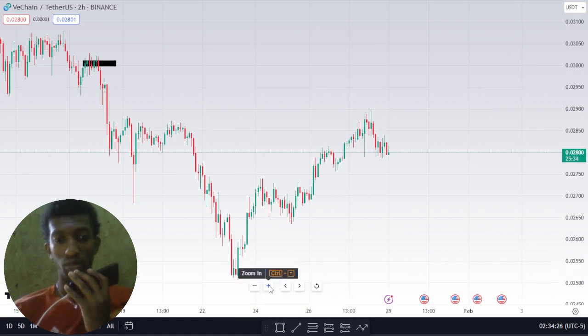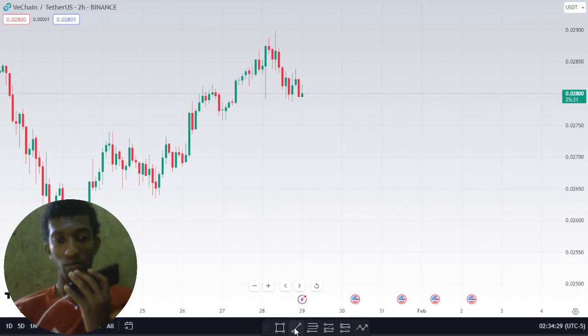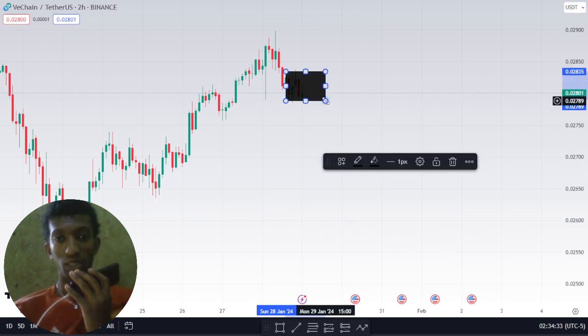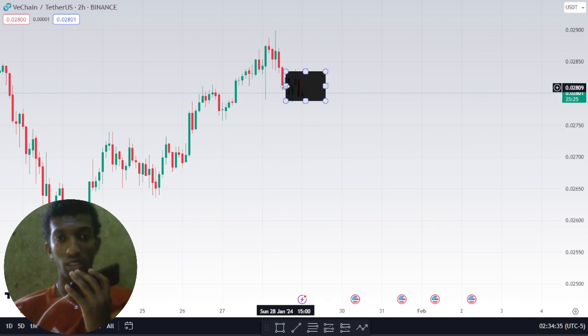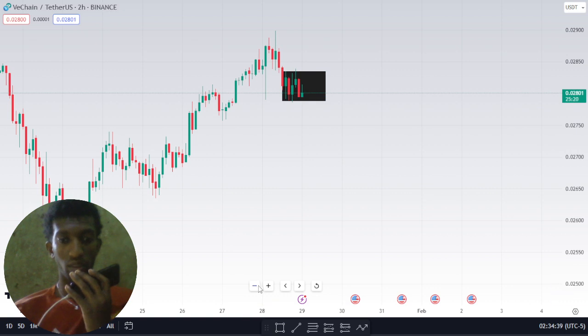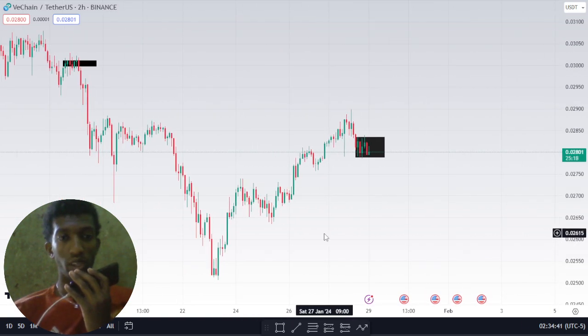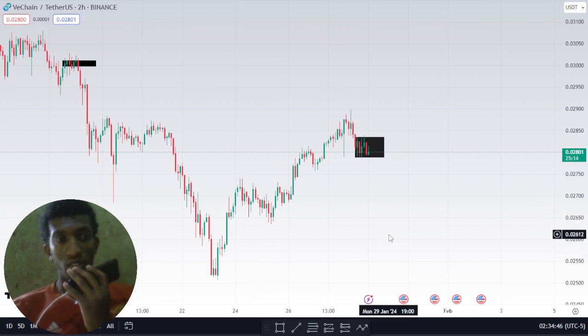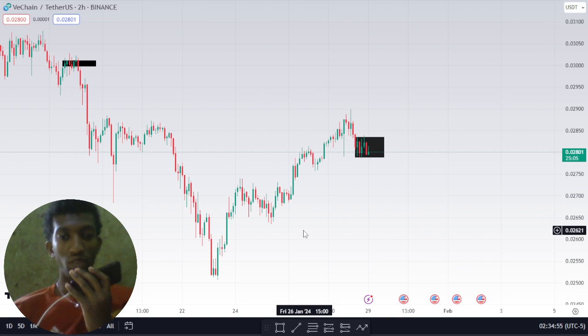So you draw it like this, and you wait for the break to happen. You wait for the breakout. This is VeChain, and we got no trade at all. It is moving up, which means it is still consolidating this thing. So we have time.